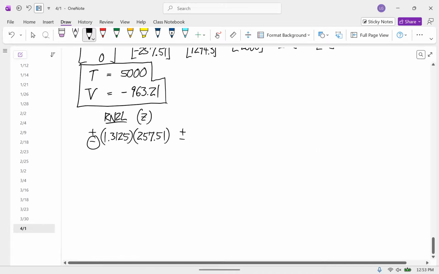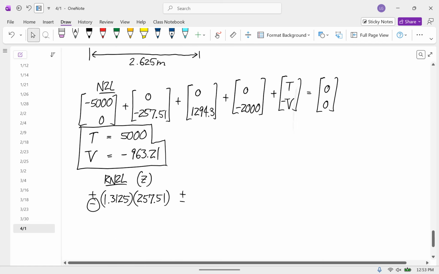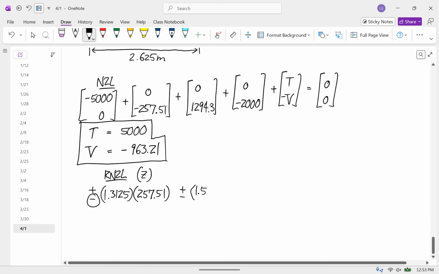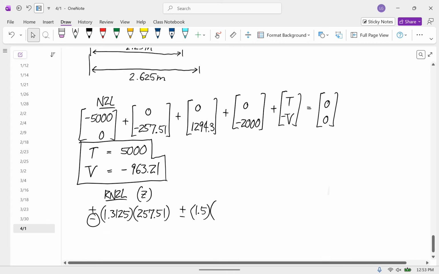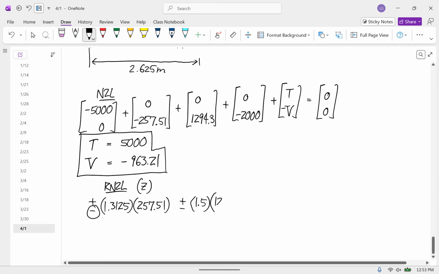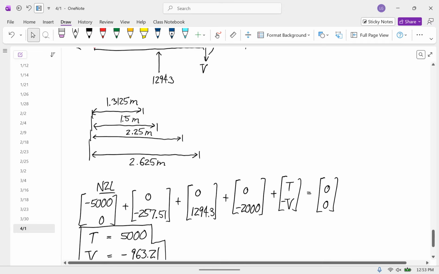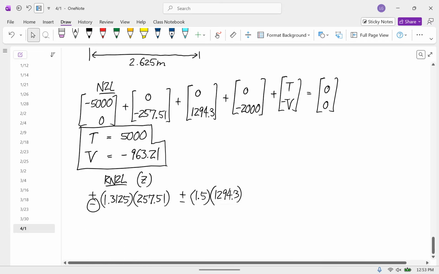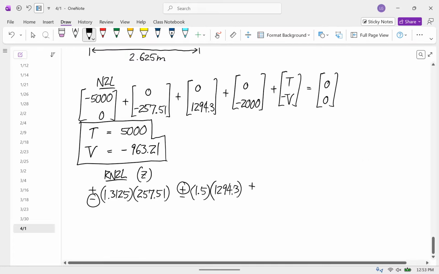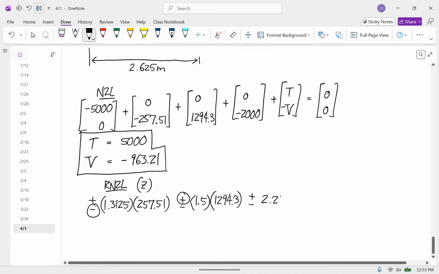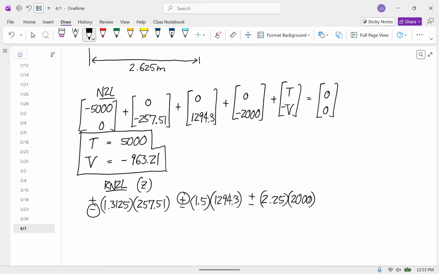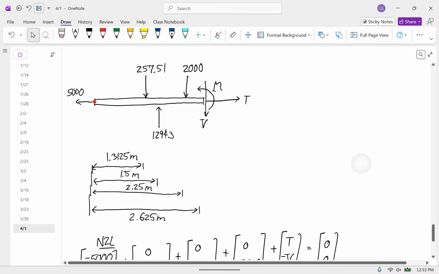And then we have the moment arm of 1.5 times the force of 1294.3. Would that make it rotate clockwise or counterclockwise? Counter. And then we have the moment arm of 2.25 times a force of 2,000. Would that make it rotate clockwise or counterclockwise?